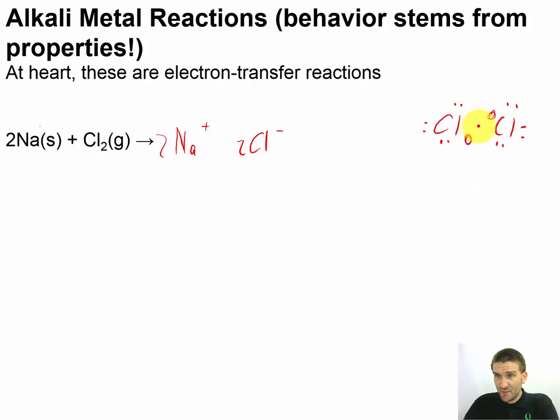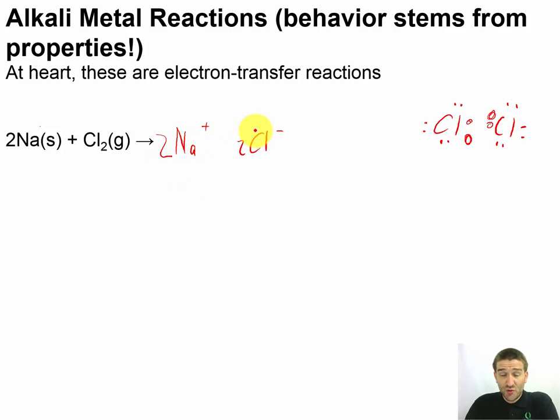Well, remember that this shared pair of electrons in the bond was also one electron and one electron. So now they can just completely sever and flow their separate ways as two Cl minus ions, or chloride ions. They're going to be paired up with those two Na plus ions that just formed.